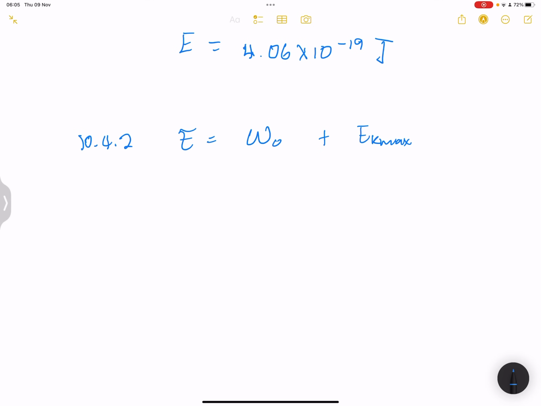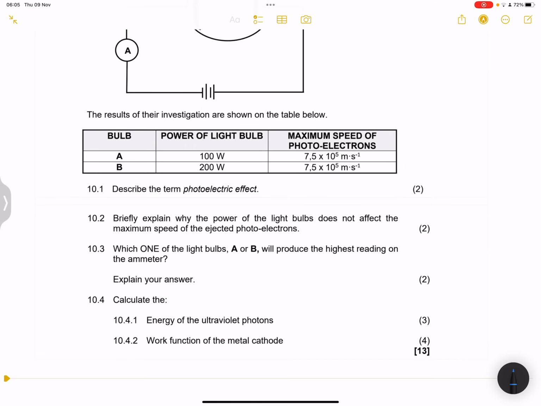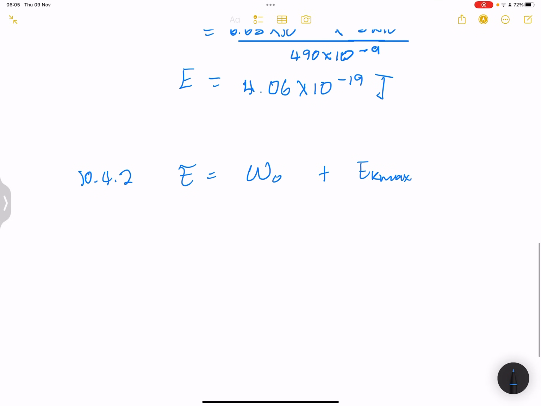For EK max, we are given the speed of the electrons, so we can find the kinetic energy. We already have E, that's 4.06 times 10 minus 19. We want omega 0, the work function, but here we are going to use half mv squared. Please remember, what is m?